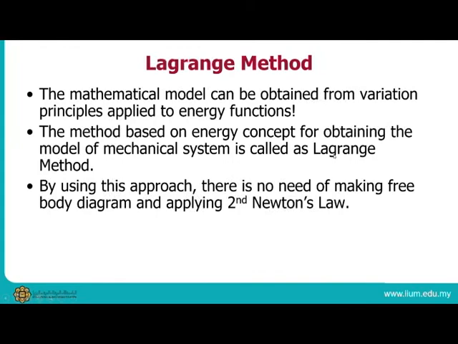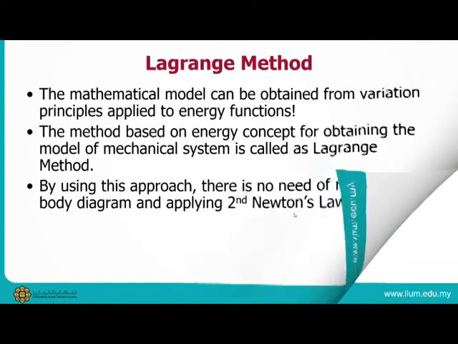Okay, I want to go to the Lagrange method. This is another method. You can create a mathematical model as well using a Lagrange method. But the advantage of the Lagrange method is you no need to have a free body diagram, right?